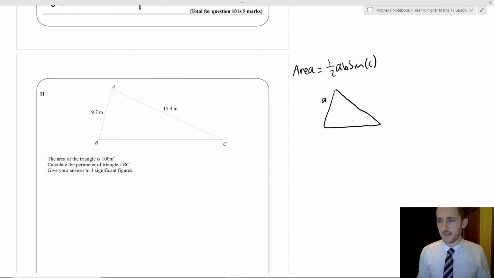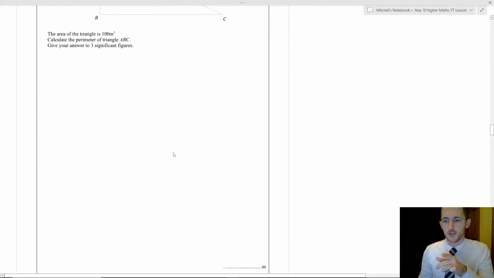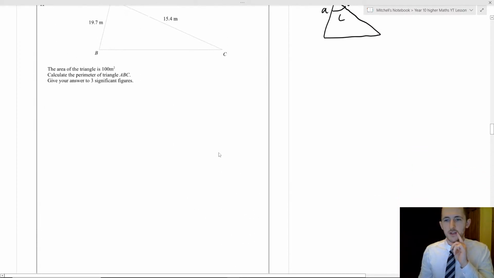Now, A and B are two sides, and C has to be the angle between them. Okay? So, again, the letters don't really matter, okay? So, the formula just says you want half A times B times sine of the angle between them. That's it.